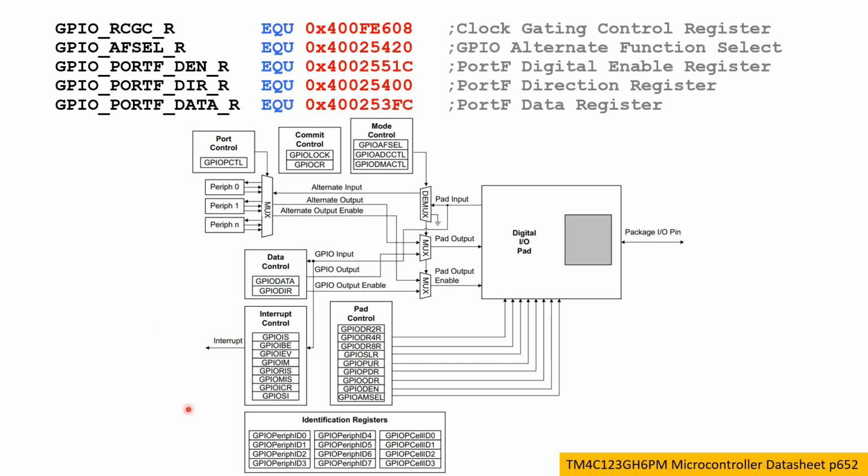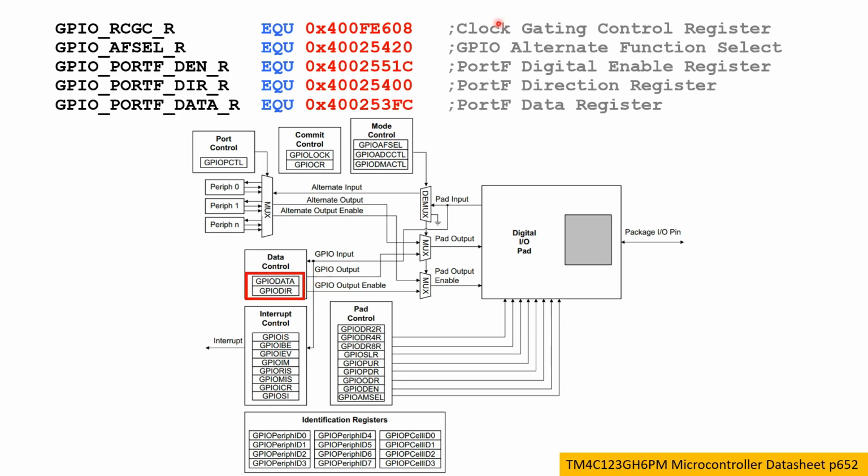This is a block diagram of the TM4C123 digital I/O pad, and I've taken this diagram from the data sheet. The first thing I want to highlight is the data register and the direction register, which are these two here.